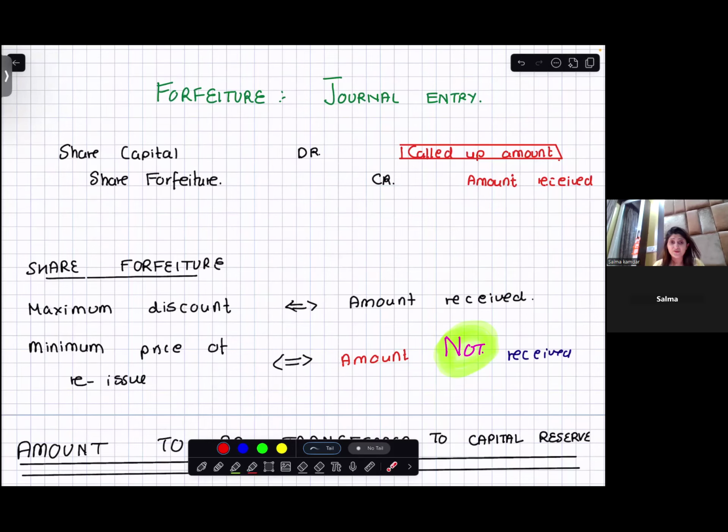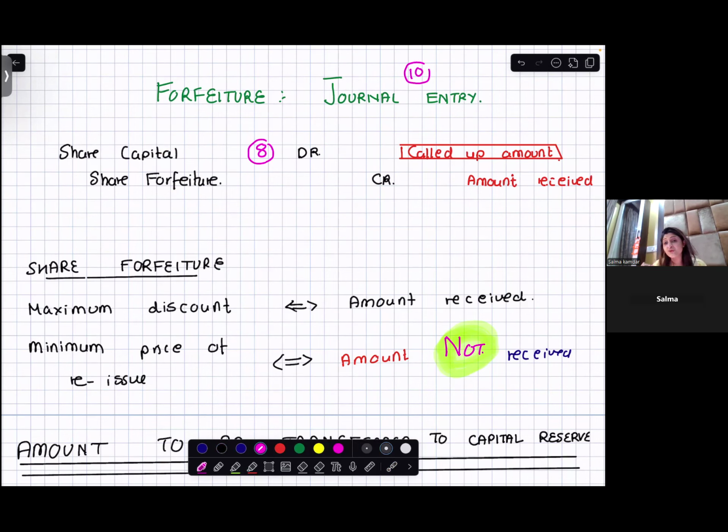So when you are forfeiting the shares, the journal entry that you should remember is share capital debit, share forfeiture credit. Capital would be debited by the called up amount. Forfeiture will be credited by the amount received. Now understand, if you had called for say 8, share was of 10, you had called up 8.